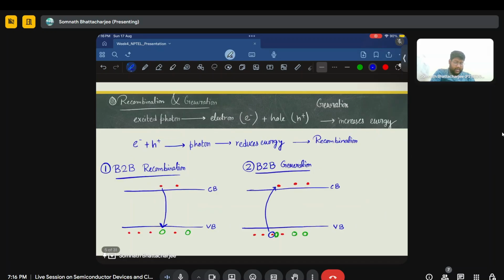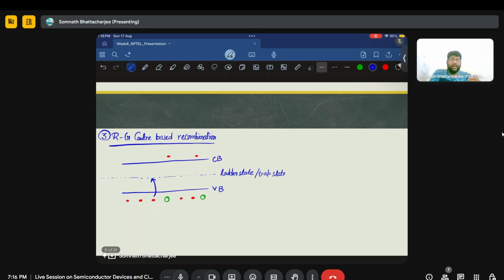In a B2B generation, it needs an amount of energy greater than or equal to Eg, the band gap, and then it can move towards the conduction band. But in this case it requires much less energy than Eg. So it creates a hole in its place and moves here. And further, if it gets more energy, it can move towards the conduction band as well.